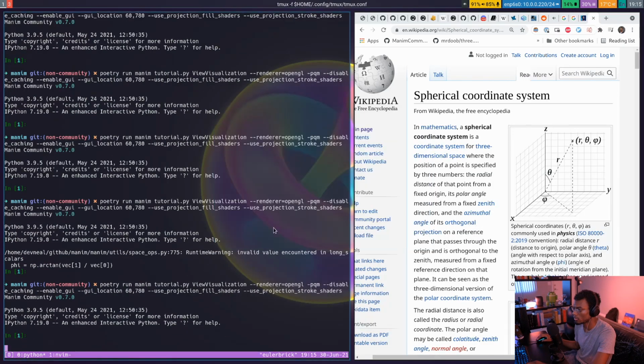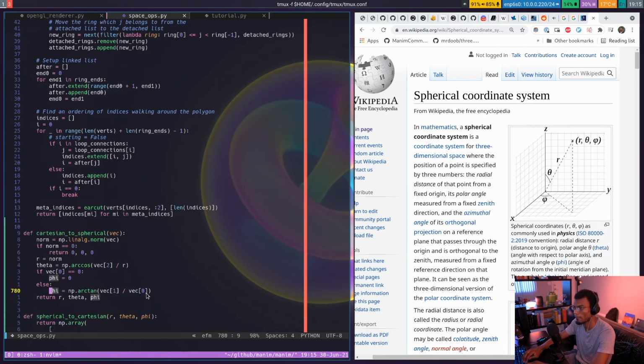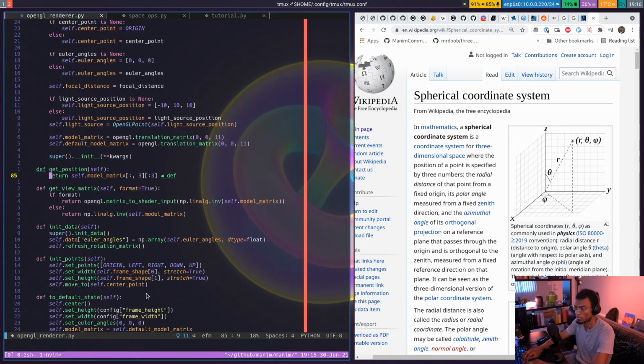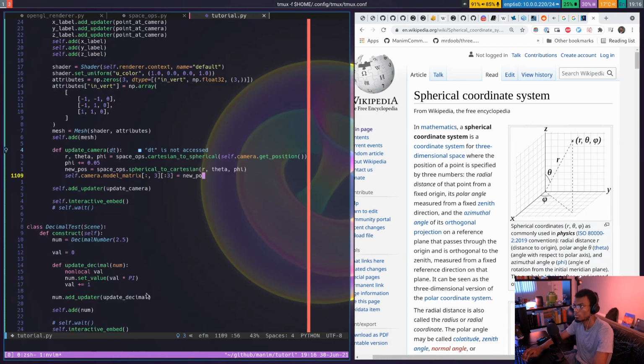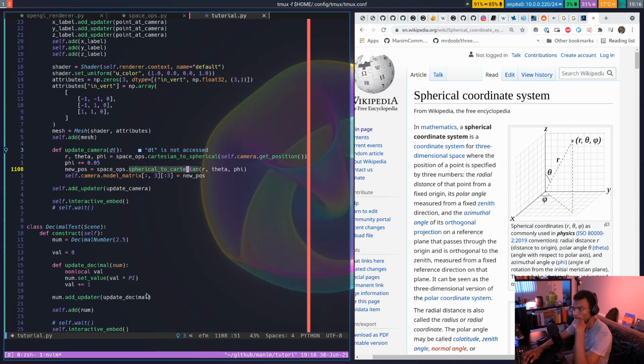Interesting. So not quite. Spherical to Cartesian. I wonder why it's jumping like that. What I want to do, let me just set the camera somewhere else in the first place.